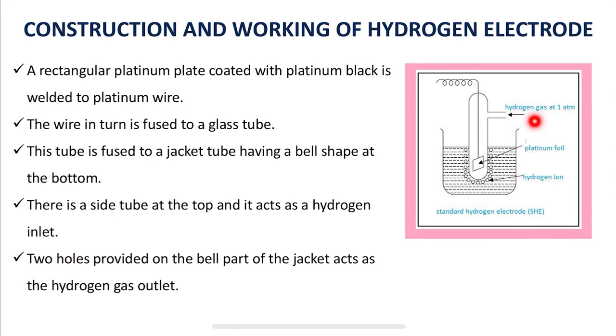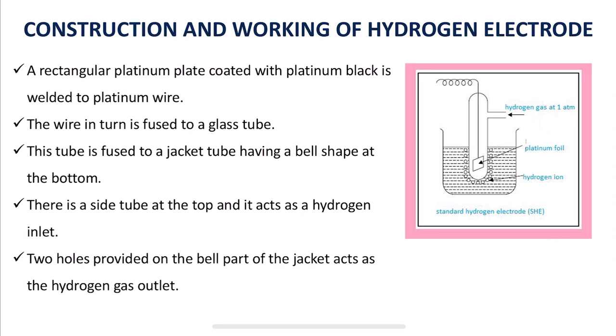The hydrogen gas at 1 atmospheric pressure is passed through this inlet. Two holes provided on the bell part of the jacket act as the hydrogen gas outlet, so from there the hydrogen gas is liberated.